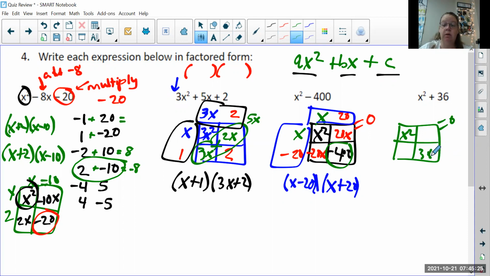Well, the only way it can equal 0 is if one is positive and one is negative, but a positive times a negative is not a positive 36. There's no way that I could do a positive times a negative and multiply to 36 and then add those same two numbers and get 0. So this one is not factorable. That doesn't happen very often, but this is an example of one that's not factorable.